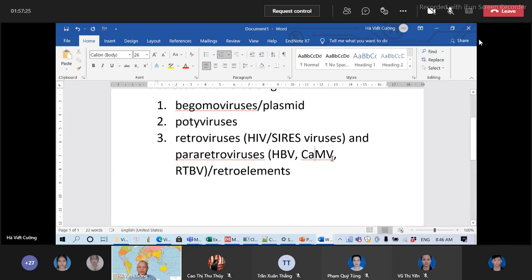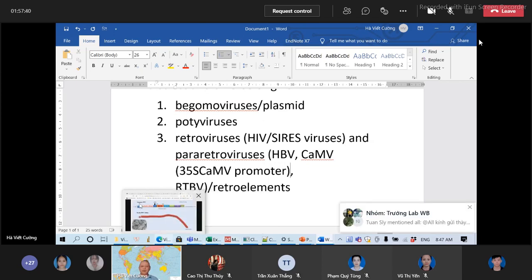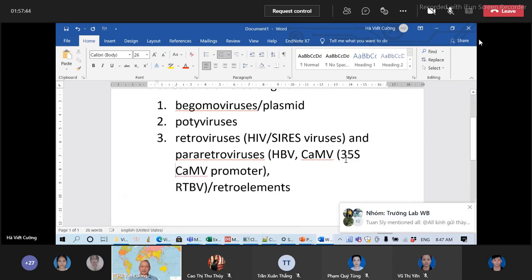Cauliflower mosaic virus. So I note here for you, 35S. Famous? Have you ever heard about this? 35S. The cauliflower mosaic virus promoter is a very important component in the vector.